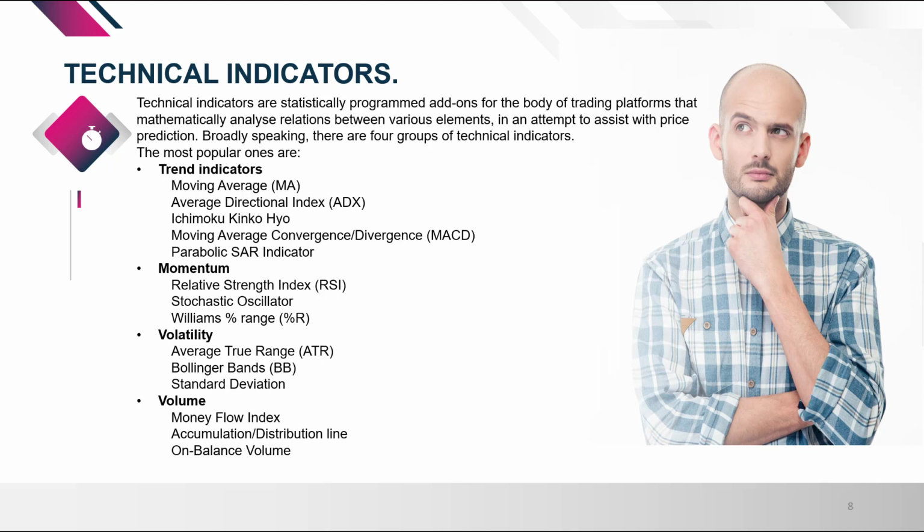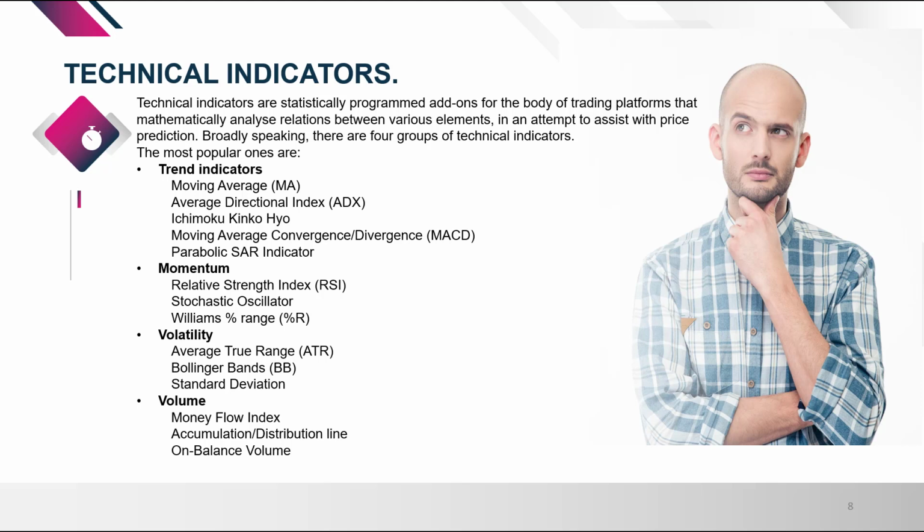As you can see, when it comes to trend indicators, we're looking at mainly the most commonly used moving averages, the ADX, average directional index, the Ichimoku cloud, the moving average convergence divergence, popularly known as the MACD, and then we've got the parabolic SAR indicator.